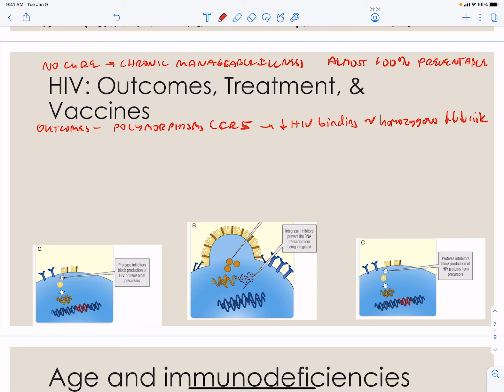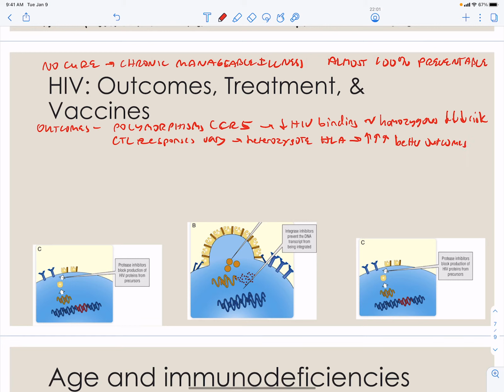You also have cytotoxic T cell responses, which are going to vary. And this is going to be caused by HLA. So if you are heterozygous, this leads to better outcomes.